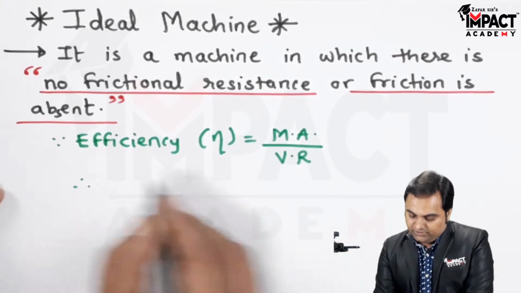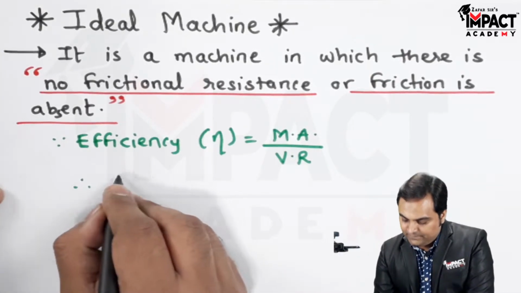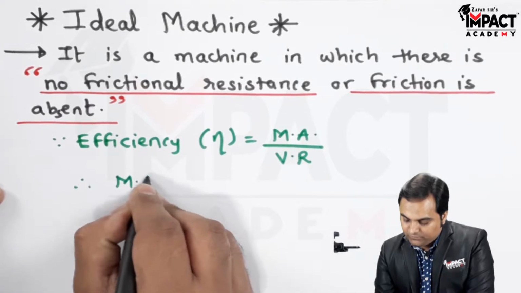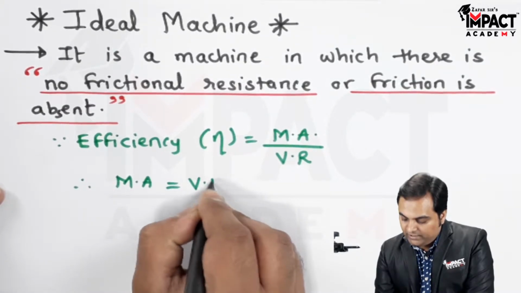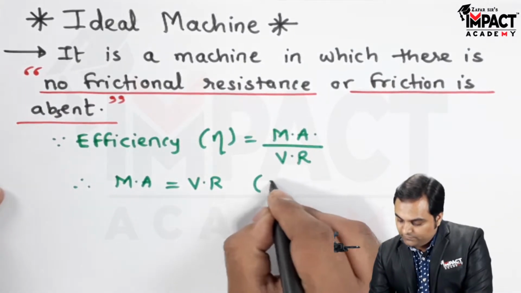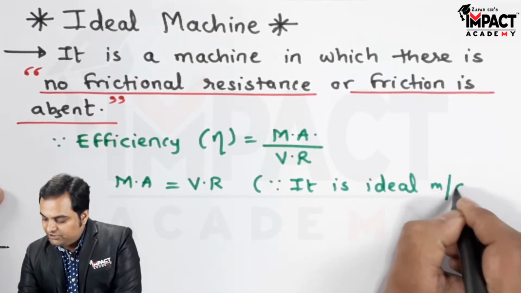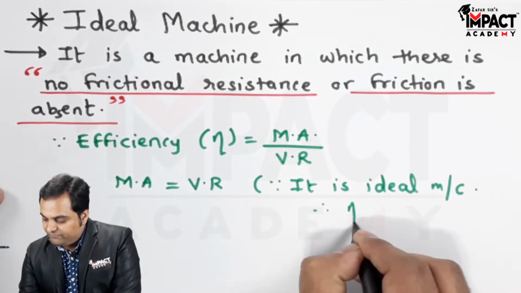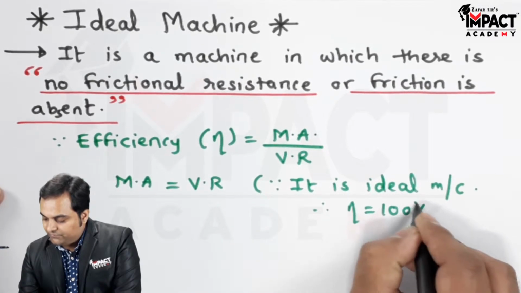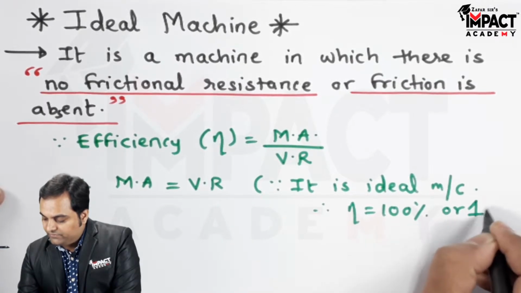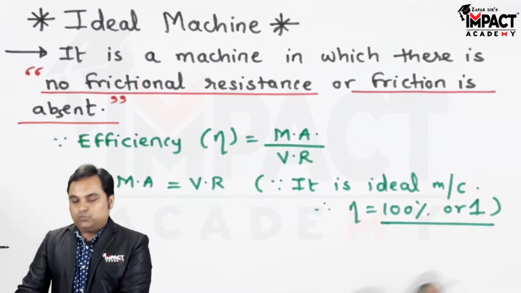So here in this case, as the machine is ideal, MA would be equal to VR, since it is an ideal machine. So therefore the efficiency is 100%, or if it is expressed in number, it is 1.